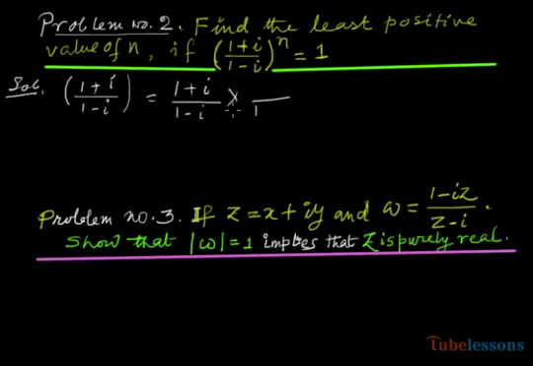Multiply it with the conjugate of 1 minus i, that is 1 plus i. So this becomes (1 plus i) whole square, and the denominator is 1 square minus i square.